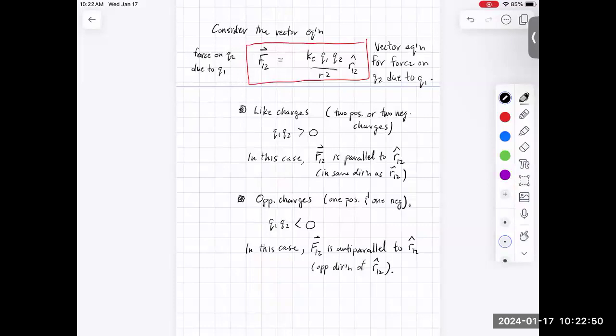And what we're going to do is introduce the concept of a field. And the idea is that if I take some charge Q and I place it in space, it creates an electric field that permeates all of the surrounding space around it. And then if I take a second charge and put it nearby, the electric field that the first charge created exerts a force on the second charge.